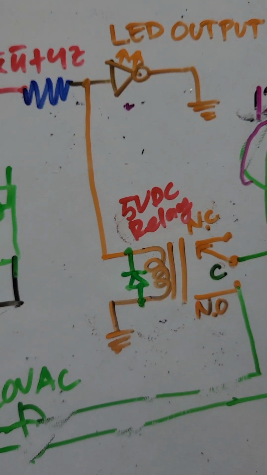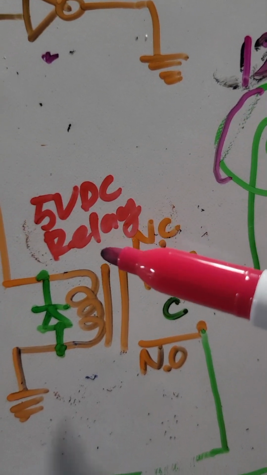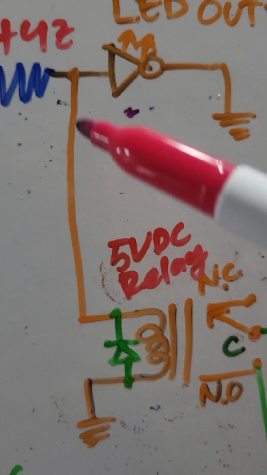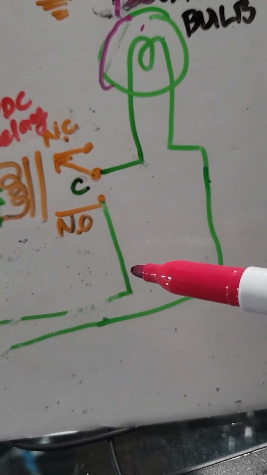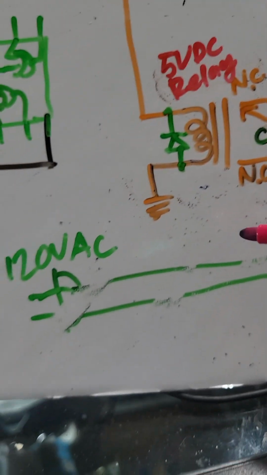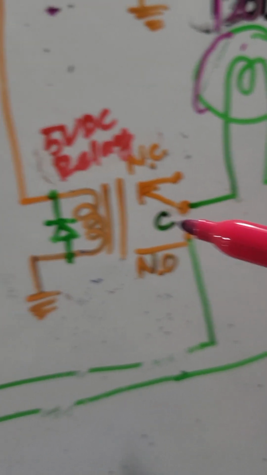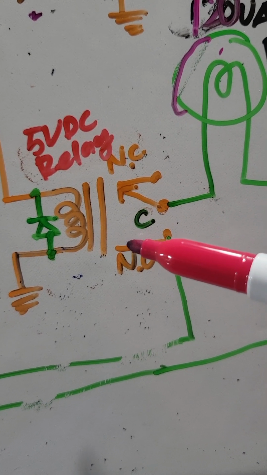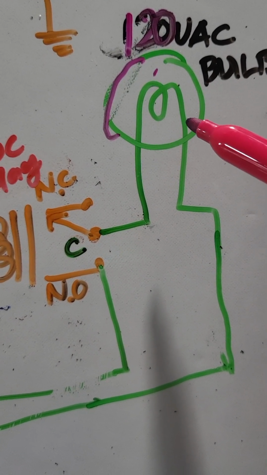And by the way, this bulb is connected via relay. So this is our interface between the 5-volt circuit and the 120 volts supply. One line of the 120 volts AC will pass through the relay, normally open. So when this relay switches on, this contact will connect to this normally open contact, then it will turn on the bulb.